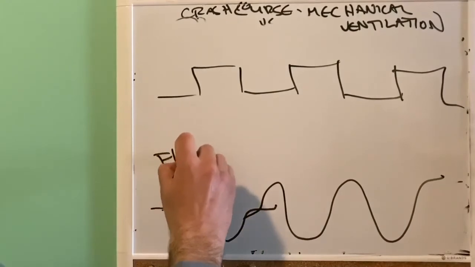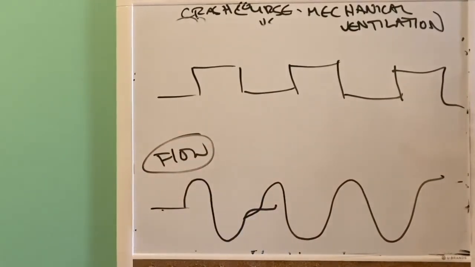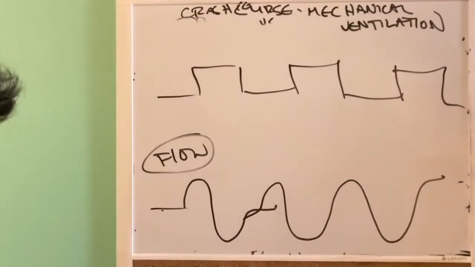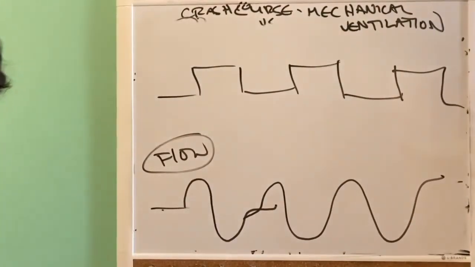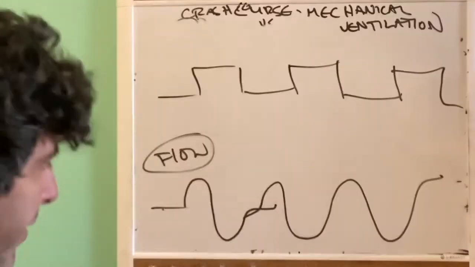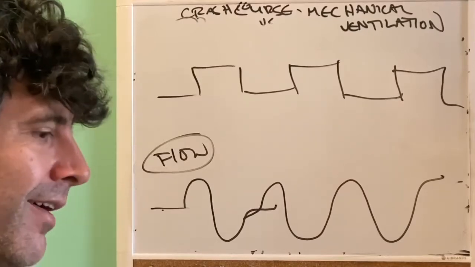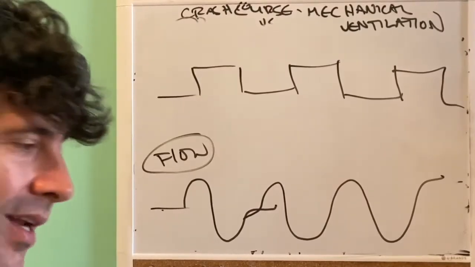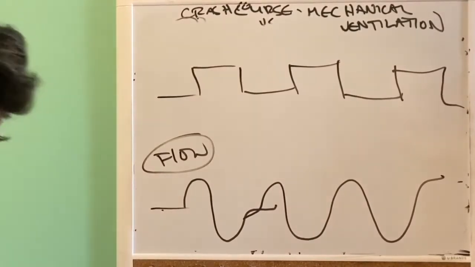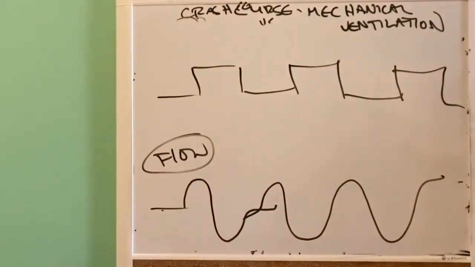I mean, this is very dramatic in the flow curve. You'll see a patient struggling, breathing 40 times a minute, 50 times a minute. They look terrible. And the natural inclination is let's sedate them, which might be the right thing to do. But try to make sense of what's going on here.